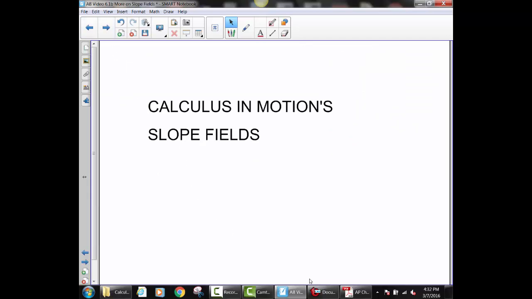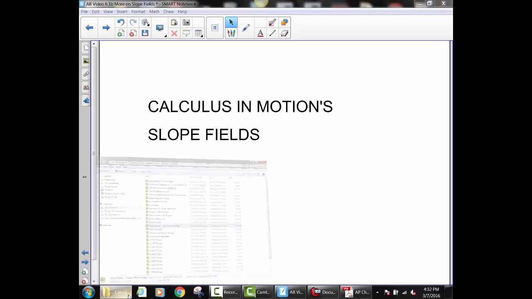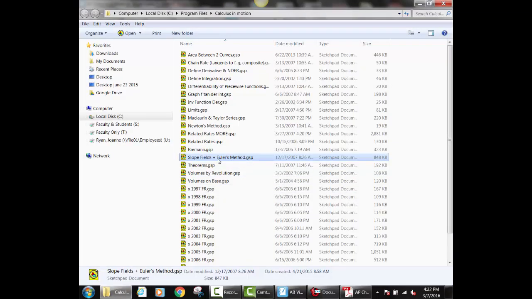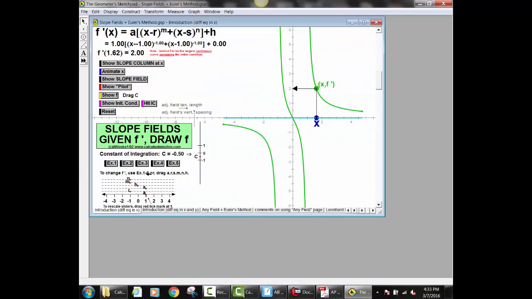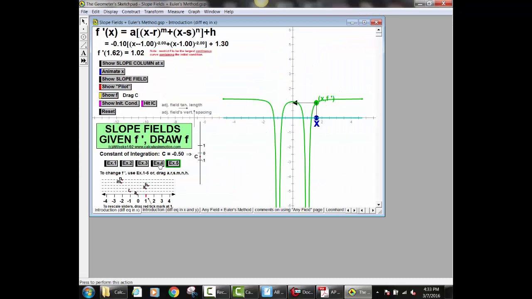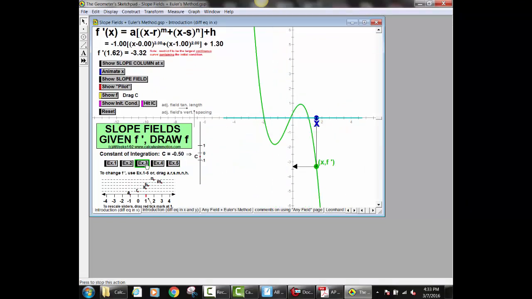Okay, so I'm going to look at Calculus in Motion now, their slope fields, just so you can see how this looks. Okay, so these are random graphs. I don't know which graph I really want to use. Let's use this graph. So they're going to show a slope column at x. So at this point x, these would be all the slopes for this particular equation.